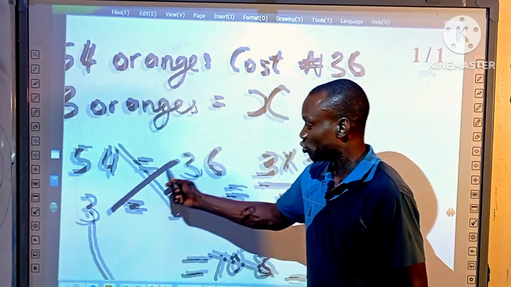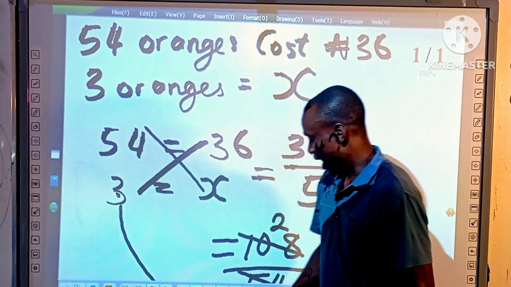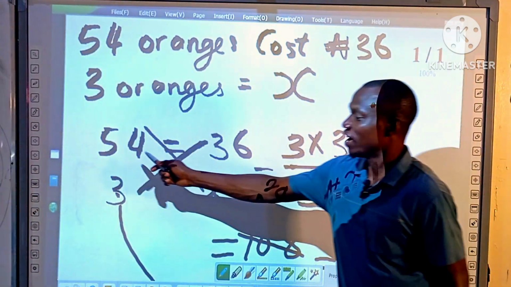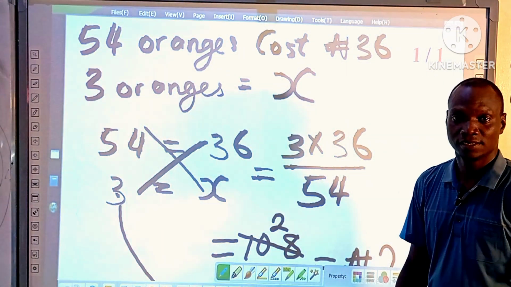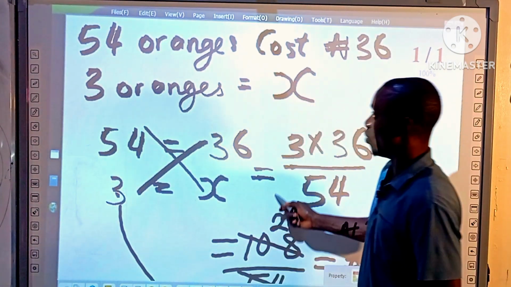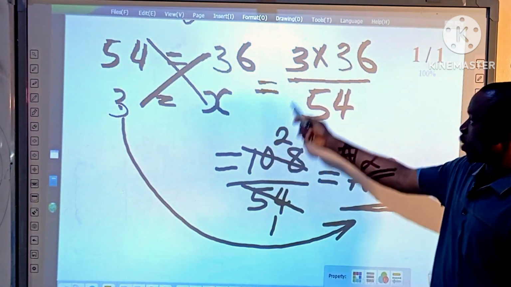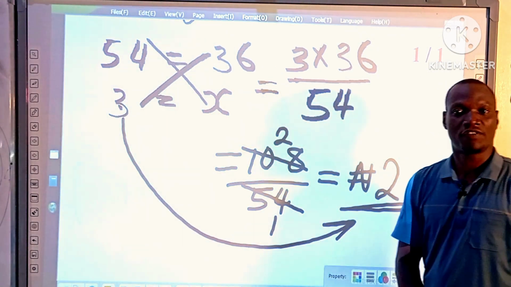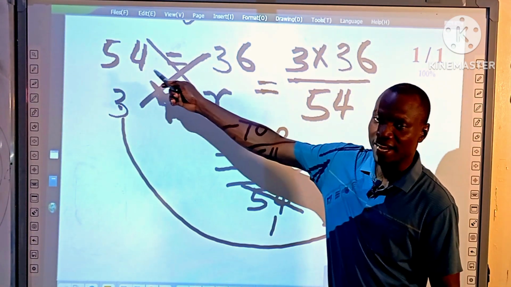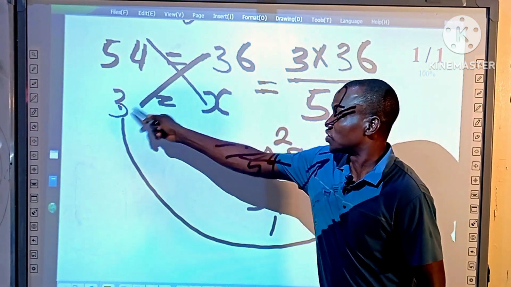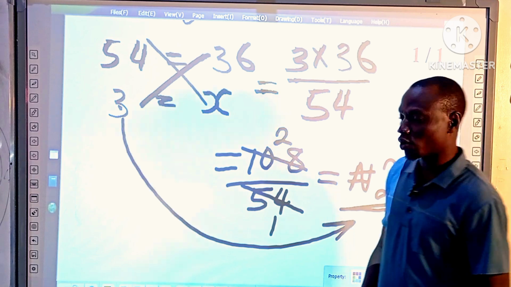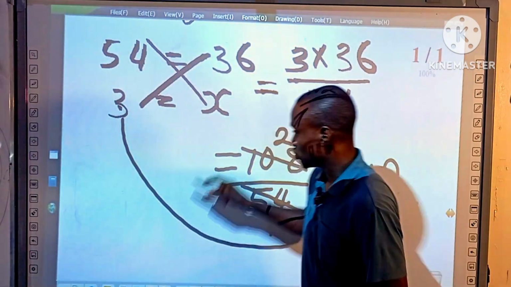The line there is pointing to 3 and 36, so that becomes your numerator. Over the variable that is pointing to x, that is your denominator. With that, you can simply look for your cost. When I multiply that, I divide it by 54, which gives me 2 naira. You discover clearly that when this decreases, the cost also decreases.